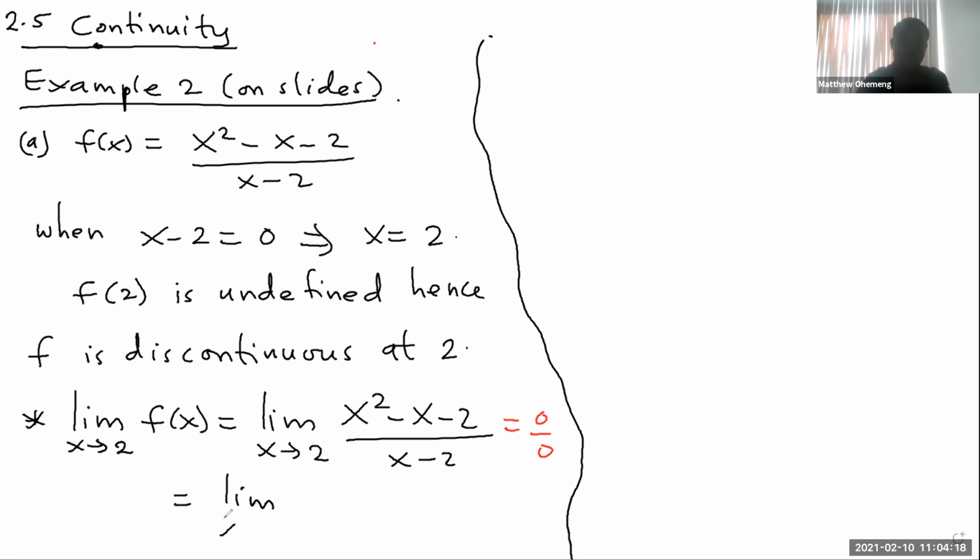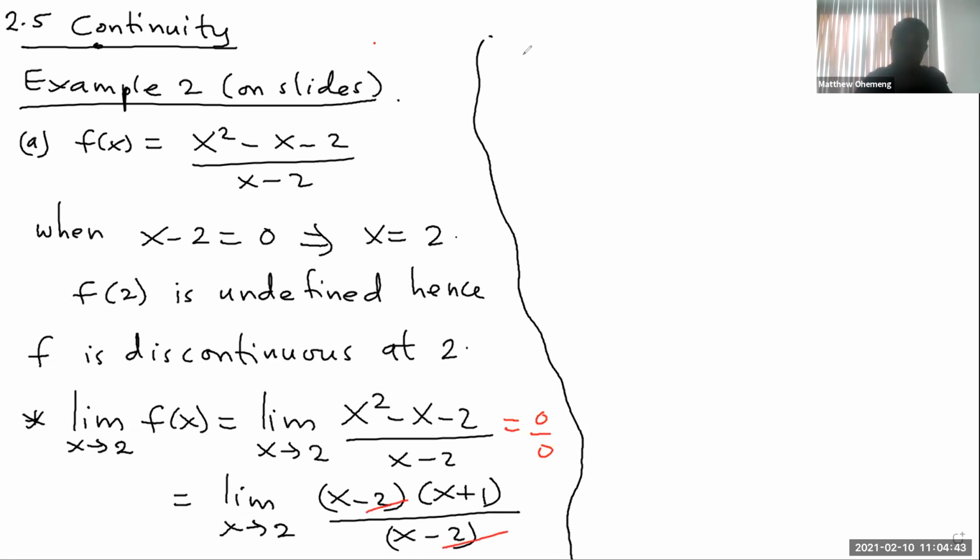So let's try and simplify. We have the limit as x approaches 2; let's factor the numerator, x squared minus x minus 2. You're looking for two numbers whose product is negative 2 and whose sum is negative 1. Those two numbers give x minus 2 and x plus 1, over x minus 2. At this point, from what we learned, we can cancel out the common factors. The x minus 2's cancel out.